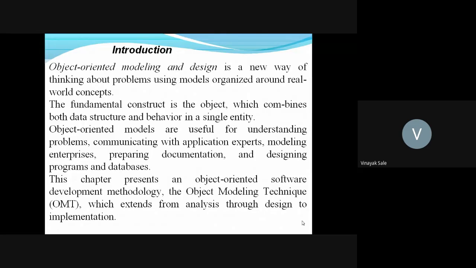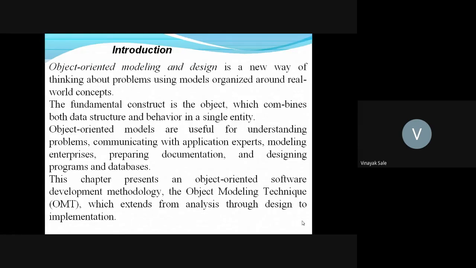Then what is a class? A class is a combination of data and functions together, which has two parts, a private part and a public part. In the private part, nobody can enter without permission, whereas in the public part, anybody can enter.